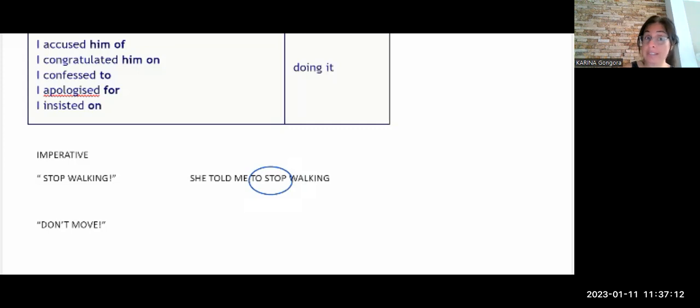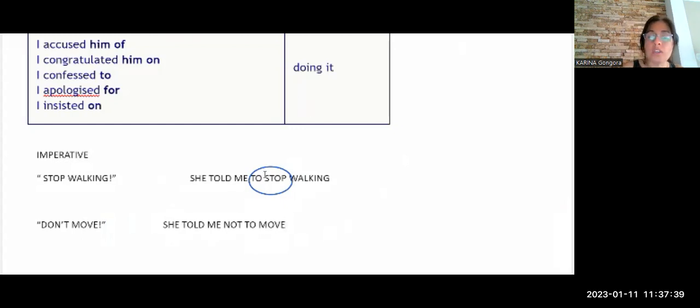In the other case, it is exactly the same in the negative, right? You are going to say, she told me not to move. This, I hope you get very, very straight and very, very clear from the very beginning, because this is a mistake that many people make.